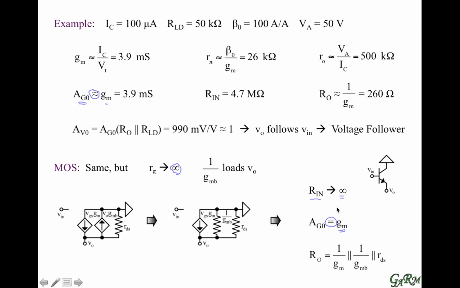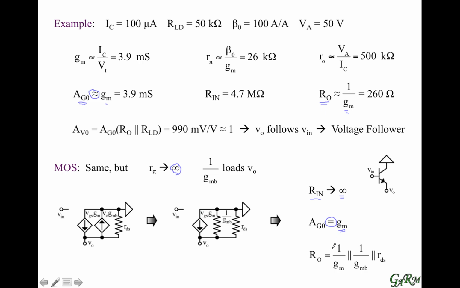And lastly, the equivalent output resistance. In the original, we had R pi in parallel with 1 over GM in parallel with RO. Well, R pi tends to infinity, so when it's in parallel with anything else, the effects of R pi then disappear.